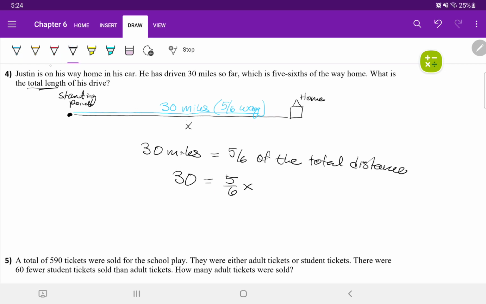There is a fraction being multiplied to X. To get rid of the fraction, we're going to multiply both sides of our equation by the reciprocal of the fraction. The reciprocal of the fraction is the flipped fraction, which is 6/5.